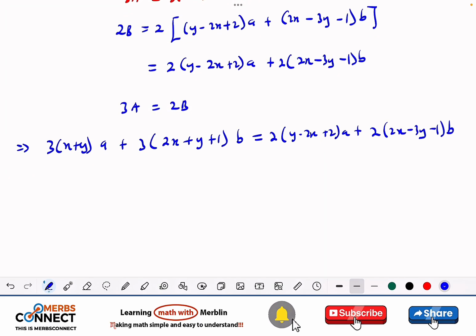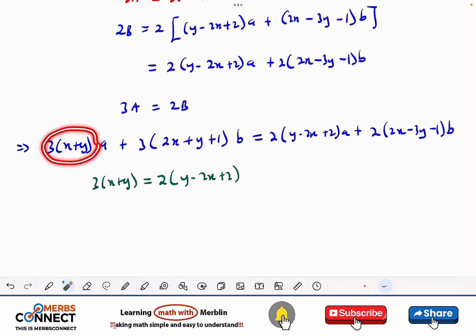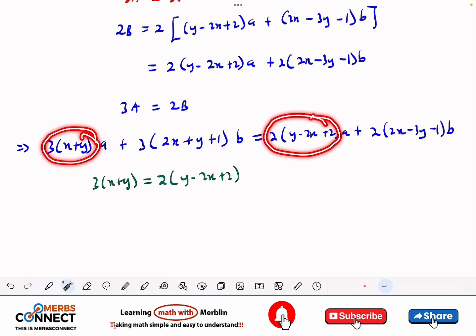Now, since they are non-collinear, the coefficient of the a term on the left is the same as the coefficient of the a term on the right. So we are going to have 3x plus y to be the same as 2y minus 2x plus 2, because this is the coefficient of a, this is the coefficient of a, so they should be the same.